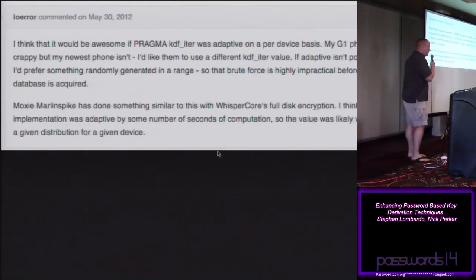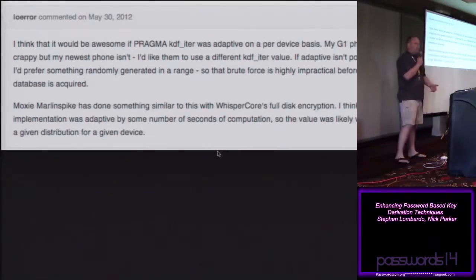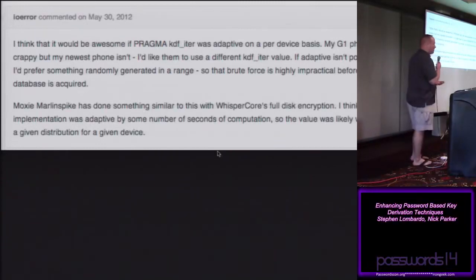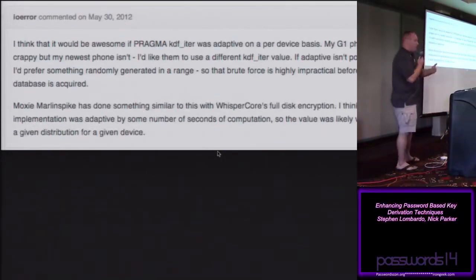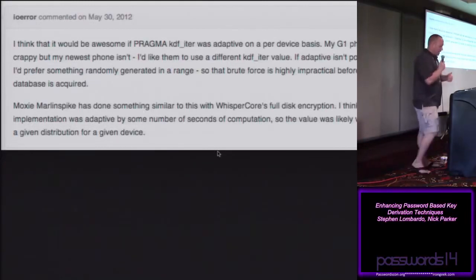It doesn't have a lot of computing power, but I have a new Android device that's much better. And it'd be fantastic if you could take an approach where you don't use a static key derivation work factor, and actually take advantage of the hardware that I have. That got us thinking, and we got busy, like everyone does, but we've taken that to heart.